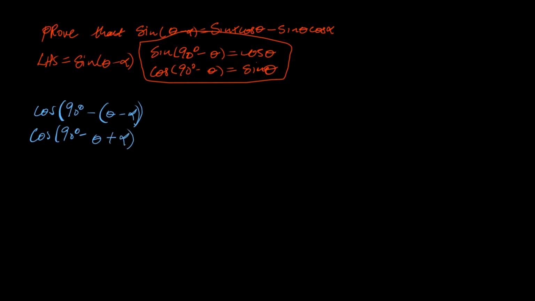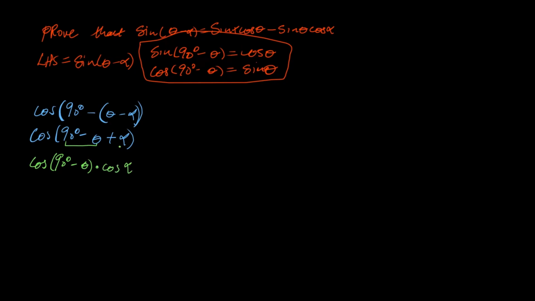Then when we try to expand, we expand using the compound angle for cos. This will just be cos(90 degrees minus theta). This is the first angle, then this is the second angle. So we are going to have cos(90 degrees minus theta) multiplied by cos alpha.